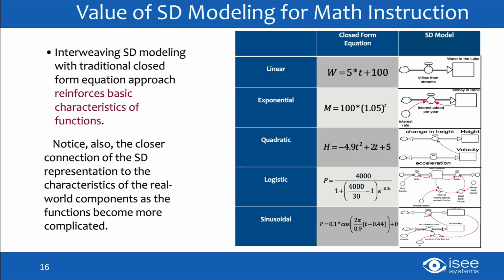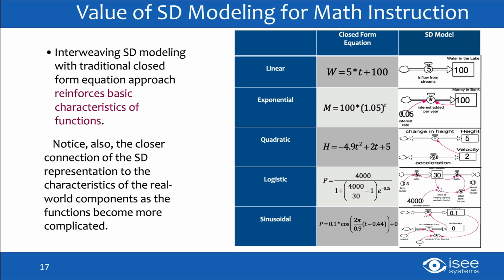In mathematics education, we already recognize the need to understand functions from several viewpoints. Closed-form equation representation is very abstract for most students. Providing a diagramming representation eases some of that cognitive load. Moreover, the diagram labels help students gain a more complete picture of the components of the problem.